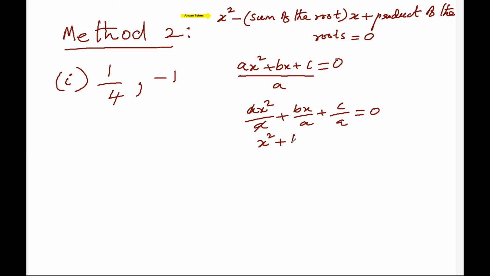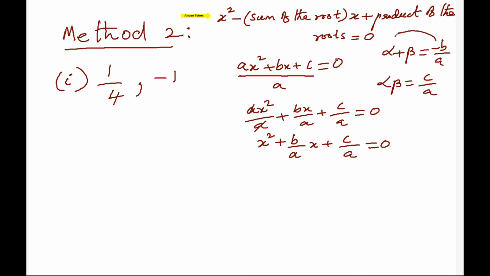X squared plus b by a x plus c by a is equal to 0. Now we know that alpha plus beta, the sum of the roots, is equal to negative b by a, and alpha beta is equal to c by a. But I want positive b by a here, so the negative can be transferred here.